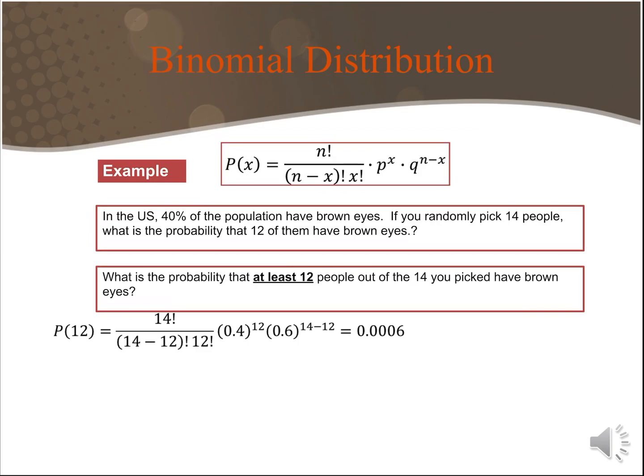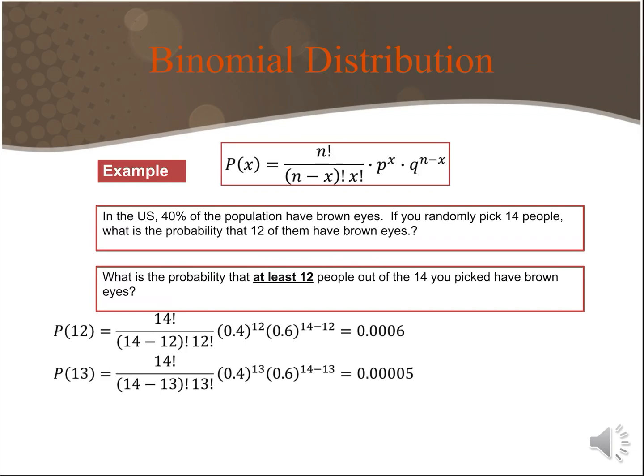Okay, what is the probability that at least 12 people of the 14 you picked have brown eyes? So at least means 12 or more people have brown eyes. So 12 or 13 or 14 have brown eyes.